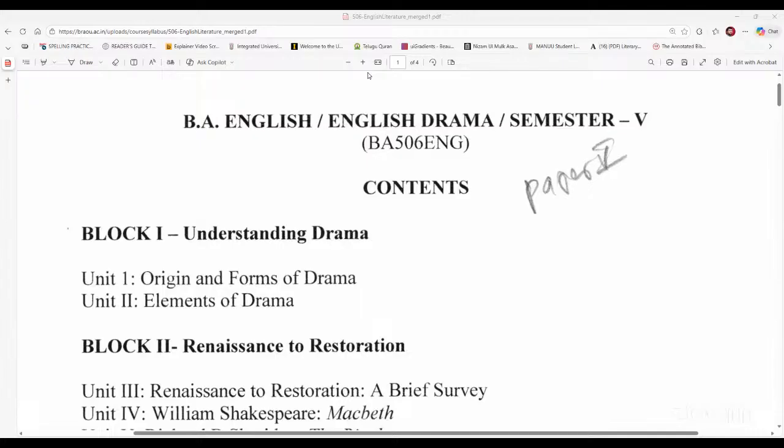This classification of literature into drama, poetry, and all these are modern nomenclature, modern terminologies. But it was Aristotle who, in his book Poetics, talks about drama and different forms and elements of drama.